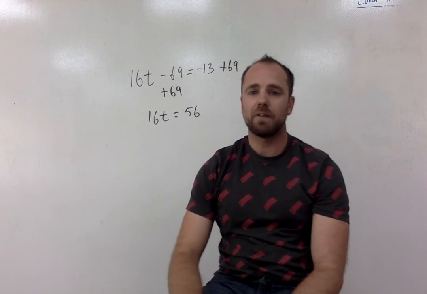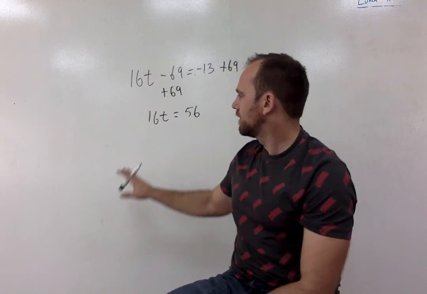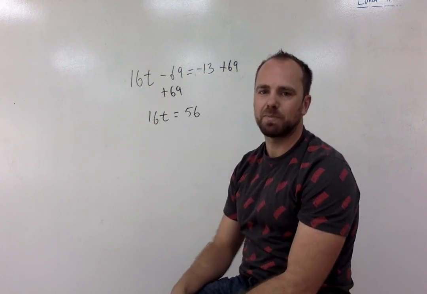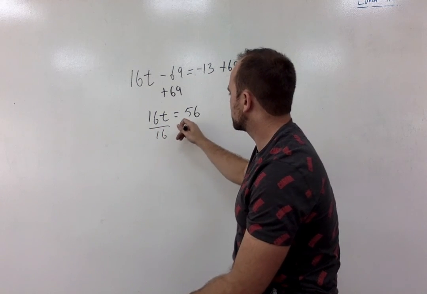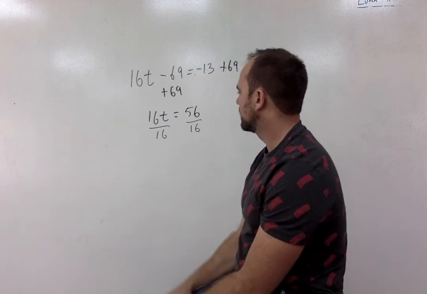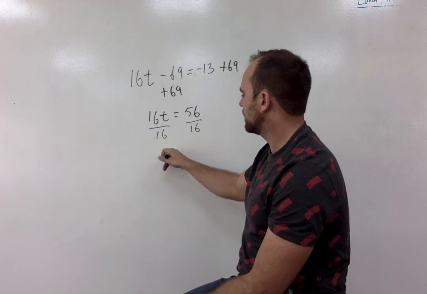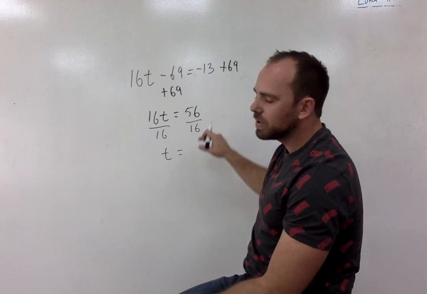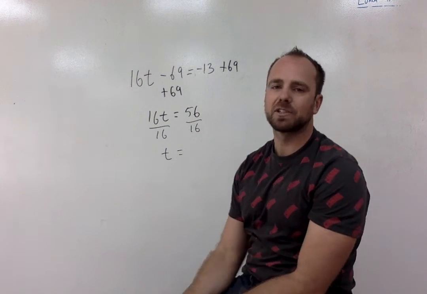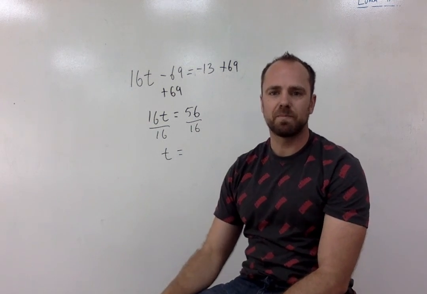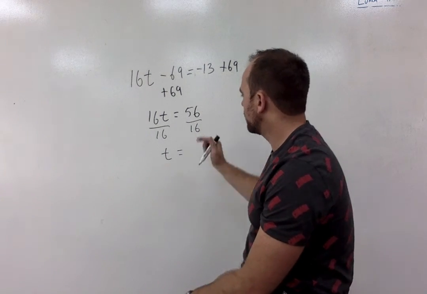Unfortunately, though, I can't divide this out perfectly. If I divide both sides by 16, I end up getting t, and then I can look at these two numbers. I have a fraction, so I can reduce it.